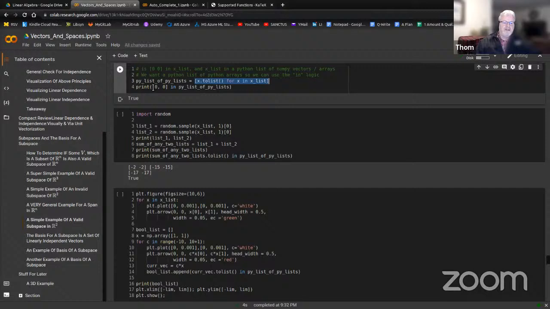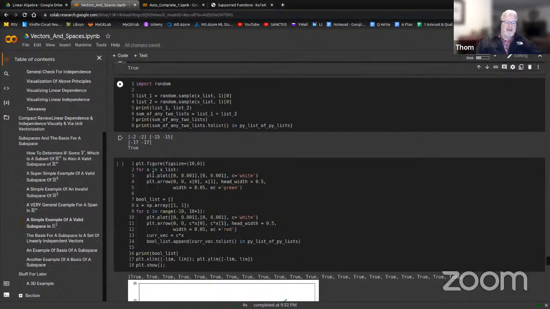There probably is some way in NumPy to check that this 0 vector would be in the list of NumPy arrays. Okay, now I want to see, well, if I random sample any 2 vectors from X list, will they add up? Yep, they're in that list.